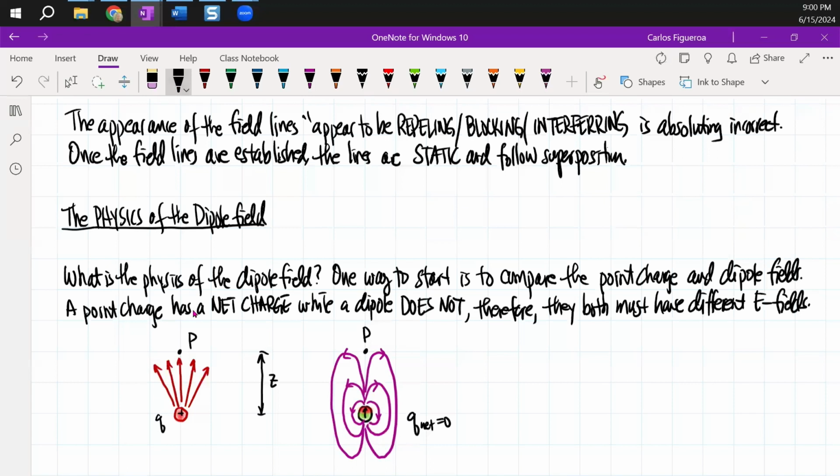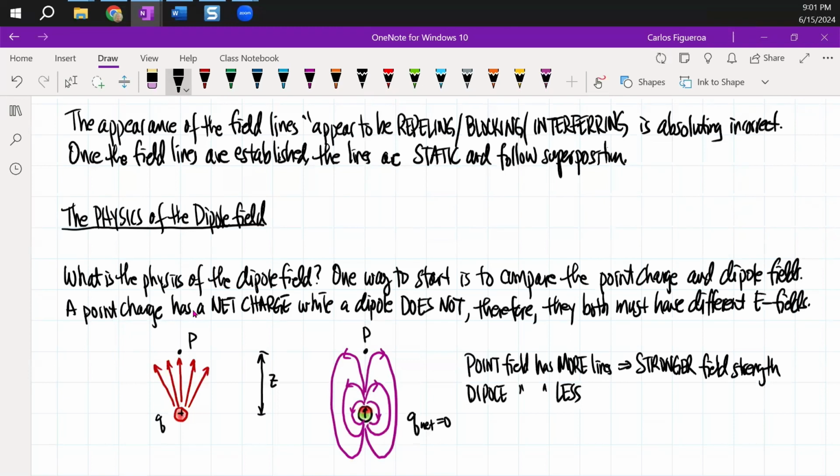In other words, the point charge field has more lines, which tells you it has a stronger field strength. The dipole field has fewer lines, therefore it must have a weaker field strength at point P.